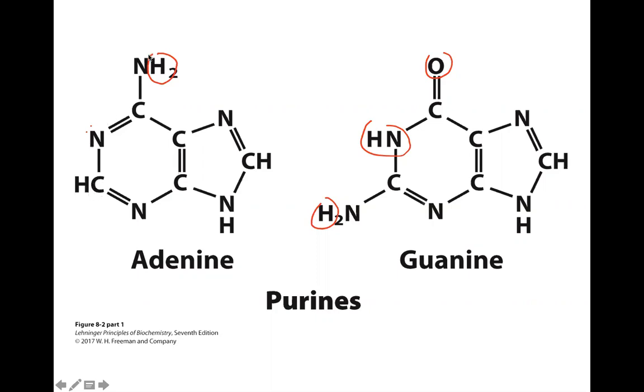So that's how you should approach remembering adenine: 2 hydrogen bonds, guanine, 3 hydrogen bonds. And remember, guanine will base pair with cytosine, and adenine will base pair with thymine in DNA or uracil in RNA.